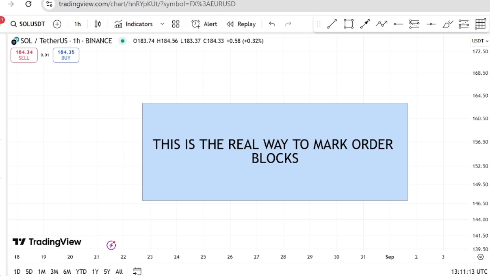What are some of those problems? Looking at the next slide, we'll see some of the problems, and after that take a few examples, and after the examples, we'll look at the solutions, how to mark order blocks properly to have a high probability setup. So let's go to the problems now.